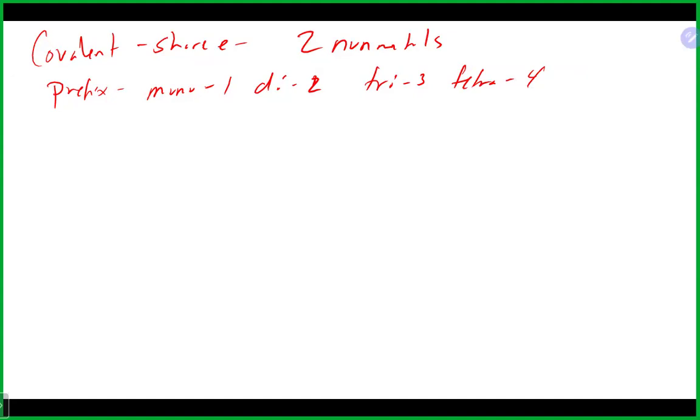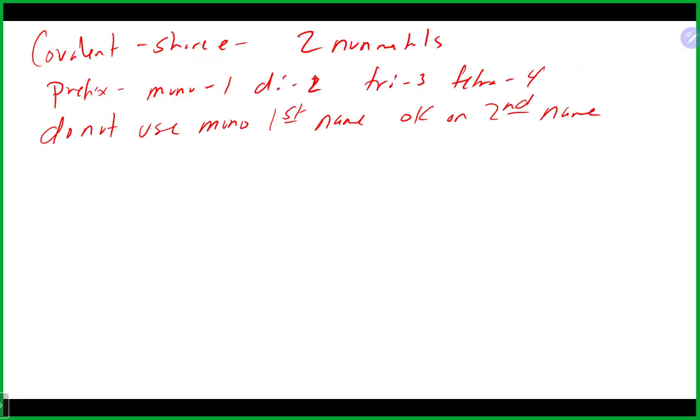Pretty much, we do not use mono on the first name. But it is okay on the second. And remember that every so often you can get kind of weird spelling because of the vowel that ends the prefix and the vowel that starts the element name.